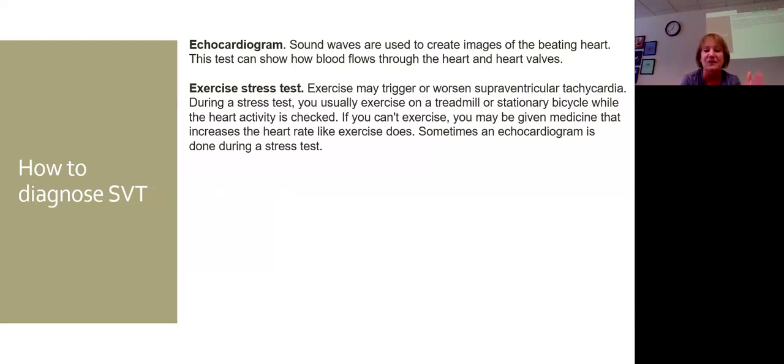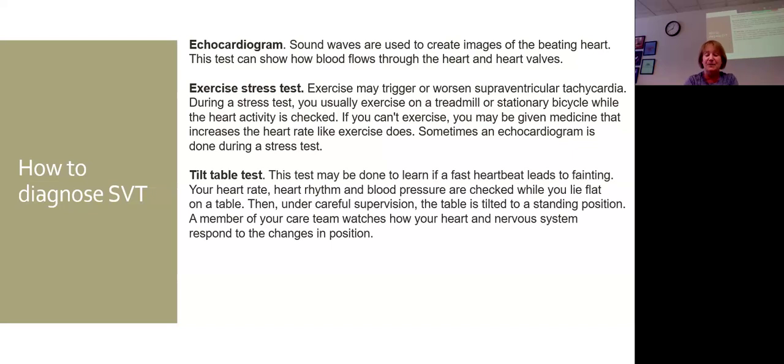Whether it's on the treadmill or the bicycle, your heart activity is checked. If you can't exercise, there are medications they can give you that make your heart race like it is exercising. They can determine a lot of different things from that test, and sometimes they do an echo during those stress tests as well.